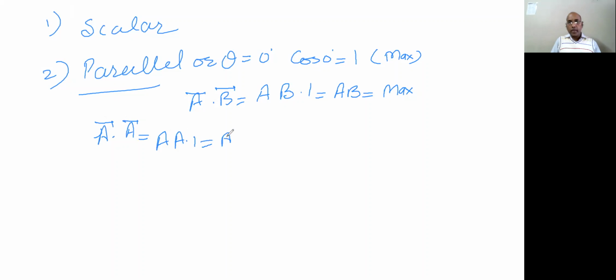So it becomes A square. So whenever a vector is multiplied by dot product with itself, it will give you the square of the vector. For example, if I take the unit vector along the x-axis, I, and take the dot product with I, the magnitude of I is 1, again 1, and cos 0 is also 1. So I dot I becomes 1.